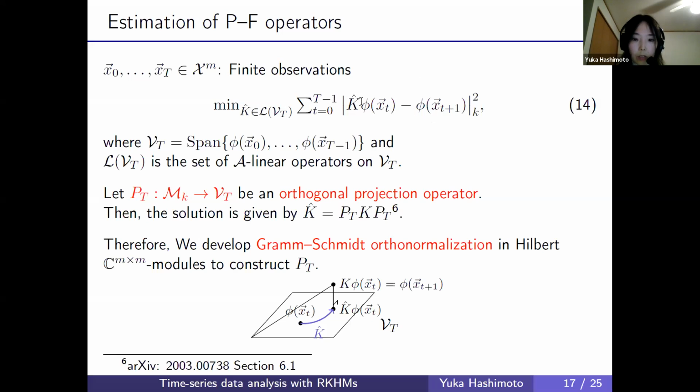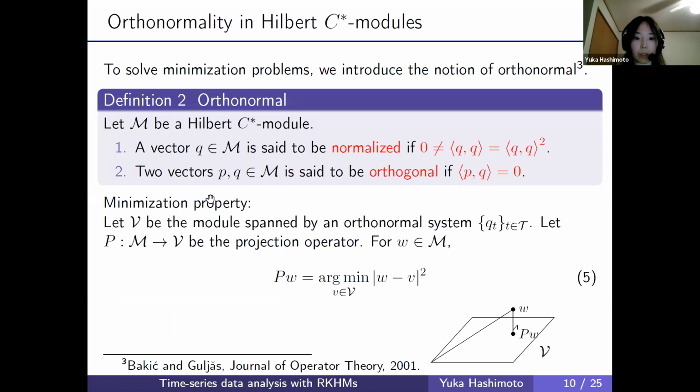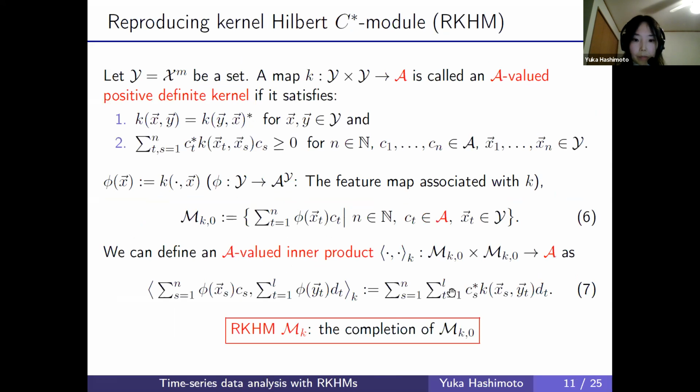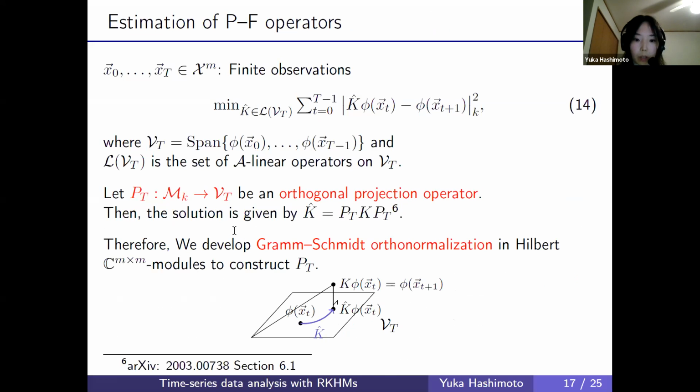And here, k hat is a linear operator on this finite dimensional module. And to solve this minimization program, we construct an orthogonal projection operator because of this minimization property. So we consider generalizing Gram-Schmidt orthonormalization in Hilbert space to Hilbert C-star modules to construct this projection operator.